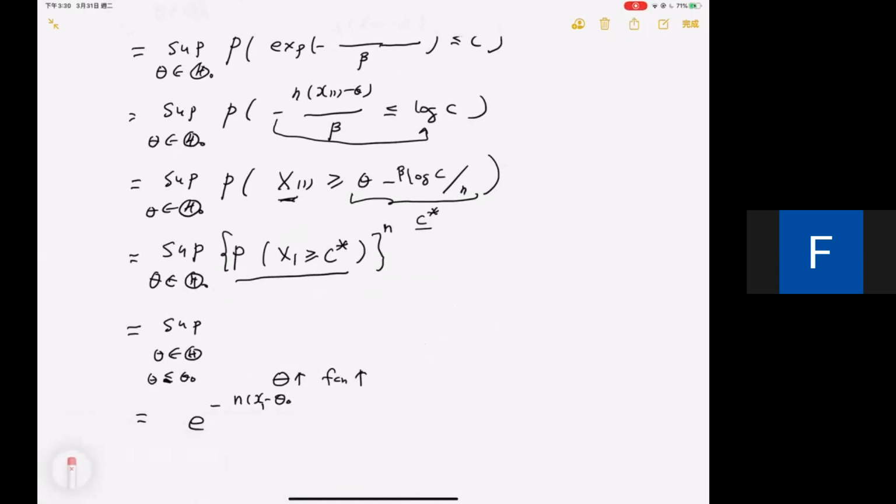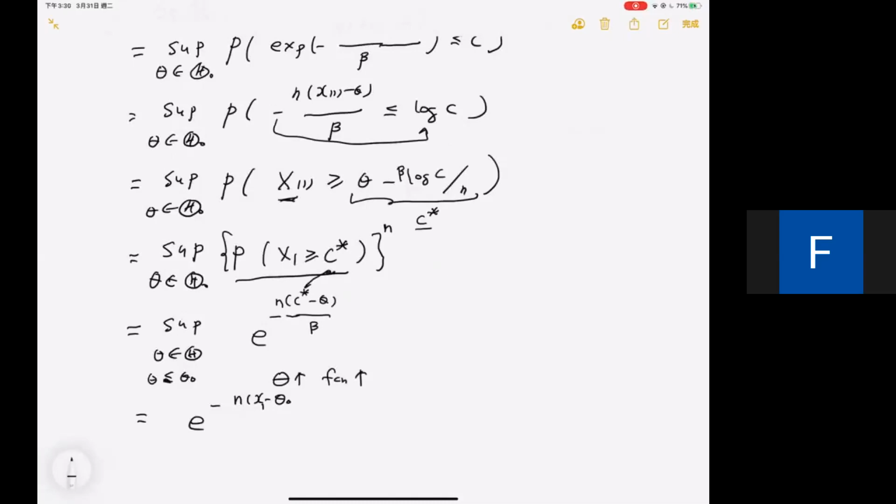So x1 bigger than c theta, so that means you need to plug in c star as well. That's what I meant to write. So I do know about the CDF, exponential of minus beta, c star minus theta, with an n right here. That's the more correct one. Because I have c star right here, I need to plug it in.